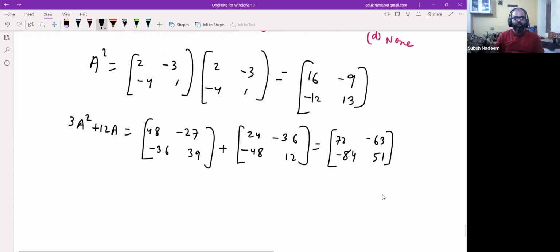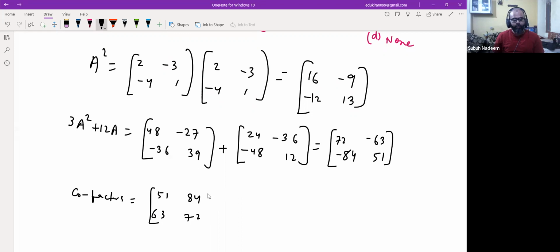Now this is 3A square plus 12A. You have to find its adjoint. So what we do in adjoint, we take the cofactors and then take the transpose. So cofactor will be 51 here, and here it will be 84 because it is an odd position, first row, second column, and this will be 63 and this will be 72.